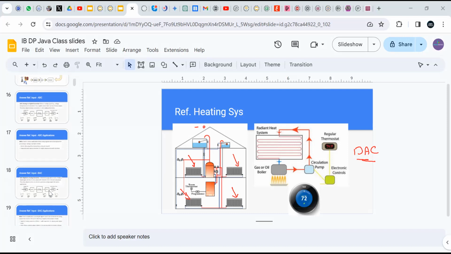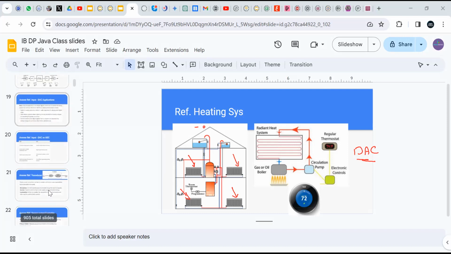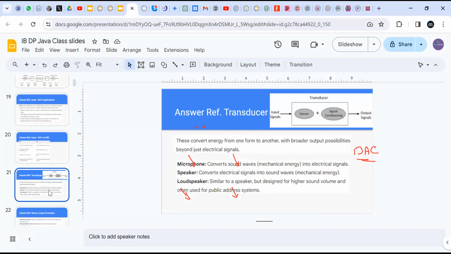Let me see how else I can close the gap here. Okay, so a transducer, as I shared, is a sensor plus signal conditioning. To convert energy from one form to another, we use a transducer, and it's not only used for electrical signals.